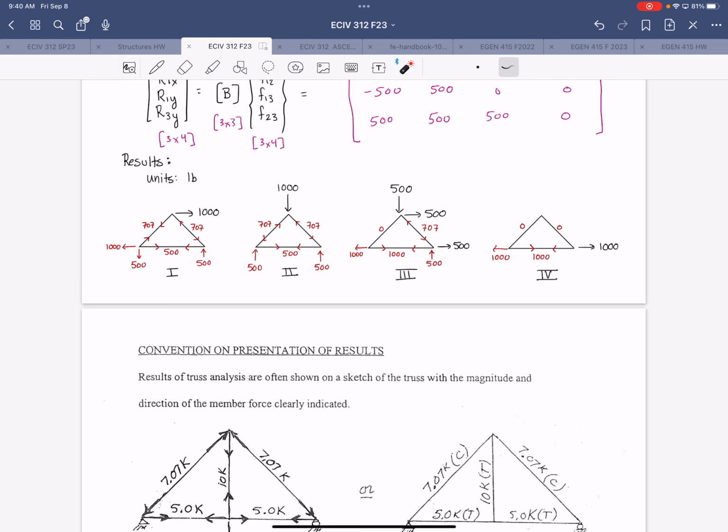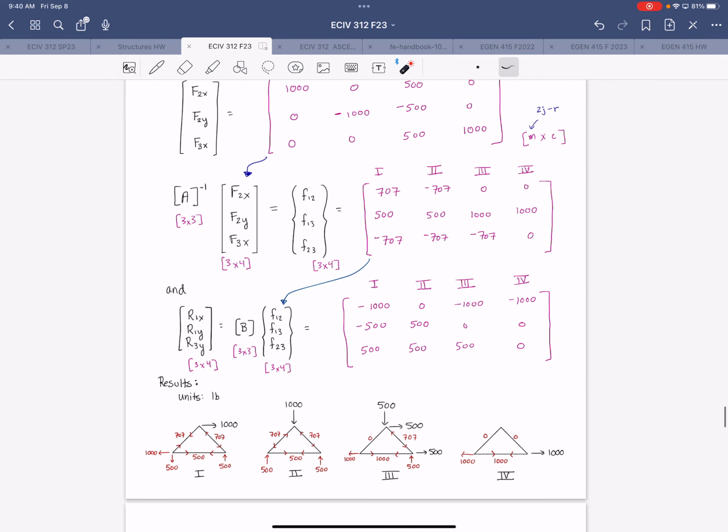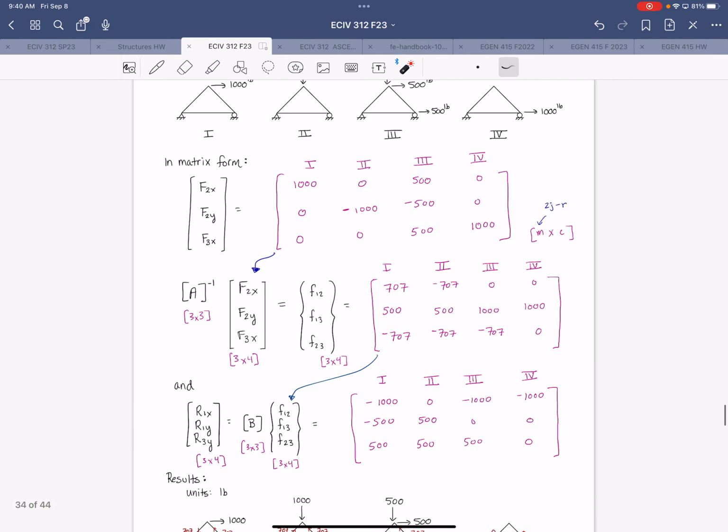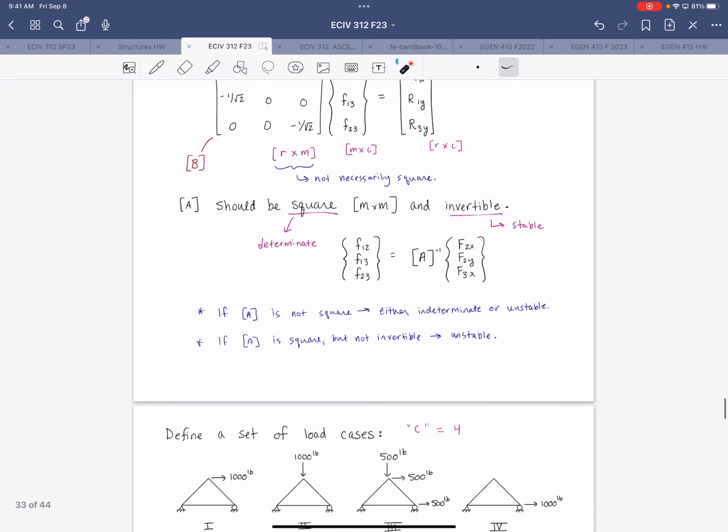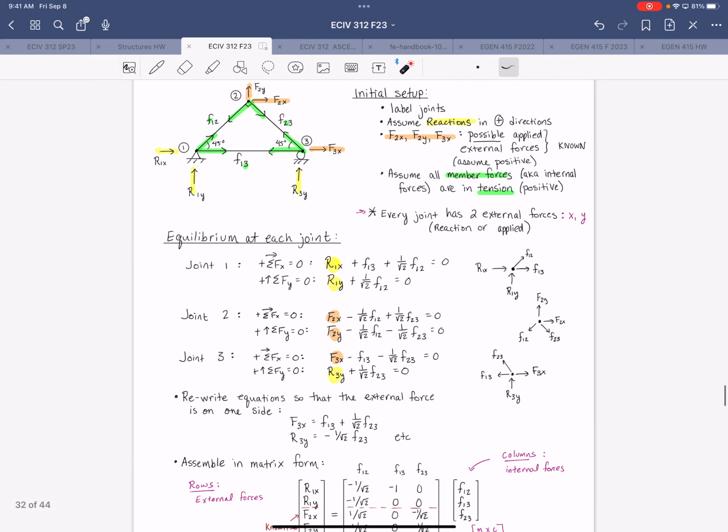Another note on this approach, it can be tempting because what we normally do when we solve problems is find the reactions first, using statics, and then go through and find the internal member forces. So you'll note that with this method, we're reversing that order. We're finding the internal member forces first and then solving for the reactions last. In your assignment, what I'm asking you to do is to follow that method. So don't try to find the reaction forces first.